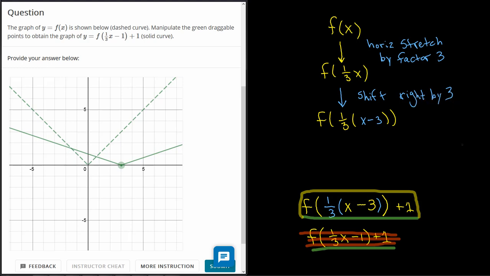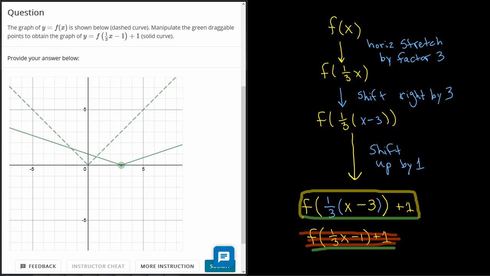If I want to get from here to here, all I have to do is add the 1 to the outside. And adding 1 to the outside, we know, is a shift up by 1.